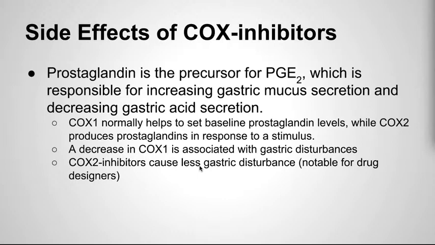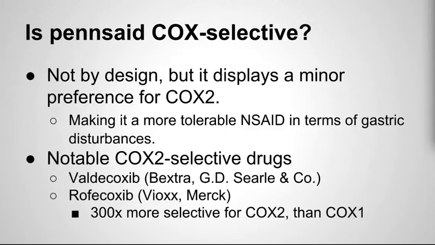So drug designers are specifically trying to find a drug that will bind the COX-2 enzymes. And the reason they would want to do that is because there would be less stomach issues associated with that. Thinking about it from a marketing perspective, it would be great to market a drug that doesn't have the side effects that your competitors do, and that's exactly how COX-2 inhibitors came to be.